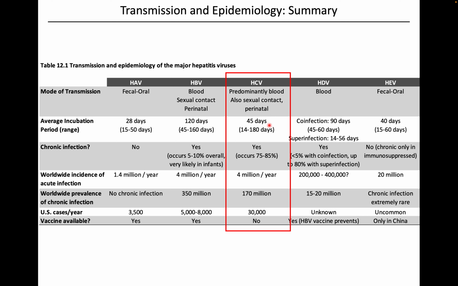Got a little bit shorter incubation period, a little bit over a month compared to hepatitis B. Here you do have an even higher percentage of cases causing chronic infections, similar number of acute infections worldwide, and over 100 million, almost approaching 200 million worldwide chronic infections. And we do see a significant number of cases in the U.S., about 30,000 every year, and there's no vaccine available currently against hepatitis C.